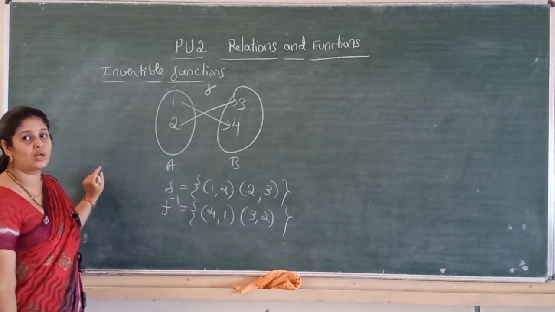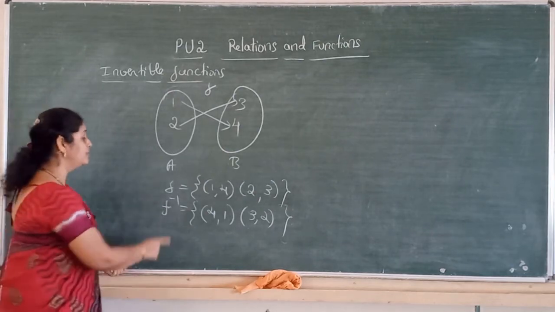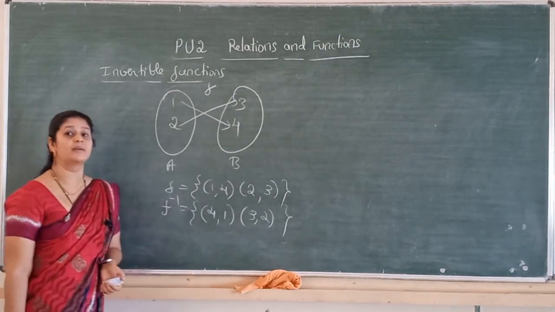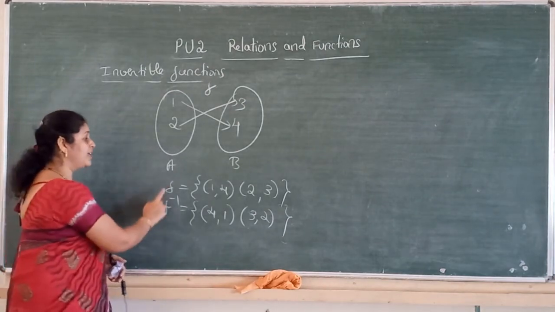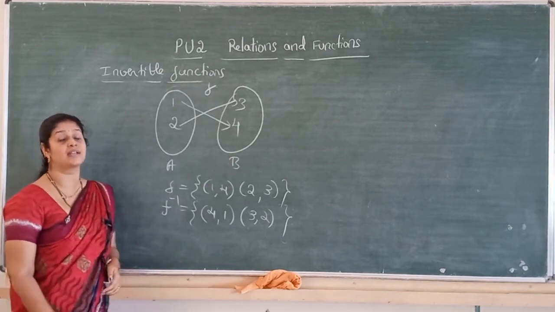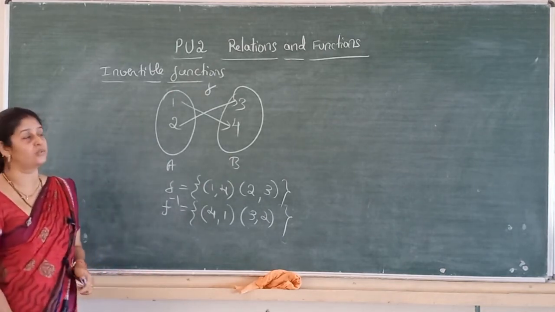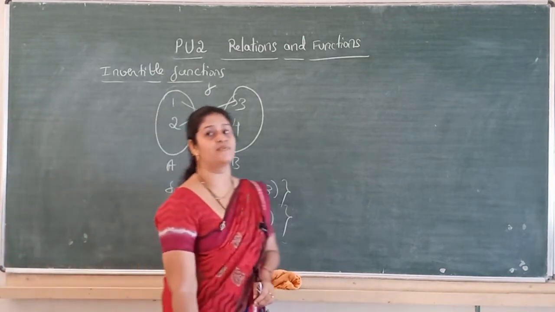Therefore the function is onto also. So if f is 1-1 and onto, then f inverse is also a function and it is possible to write f inverse. Suppose f is not 1-1. Imagine that f is not 1-1.